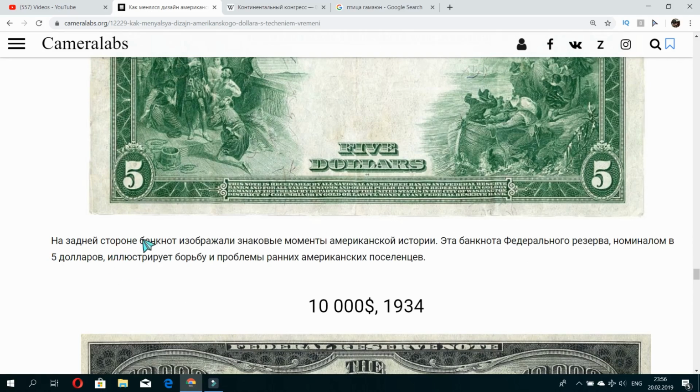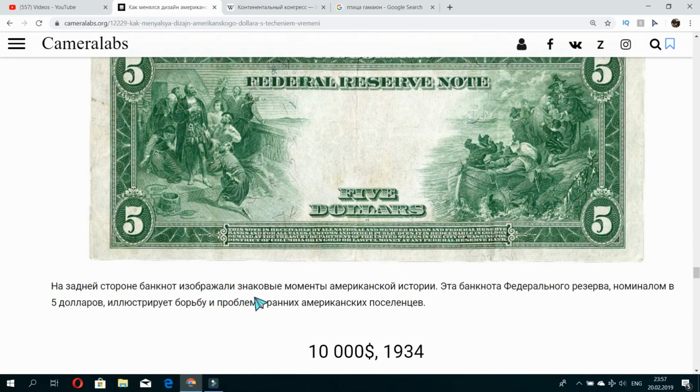On the back of those banknotes, they pictured moments of American history. This Federal Reserve note of $5 illustrates the fight for life and the problems of survival in the early American settlements.